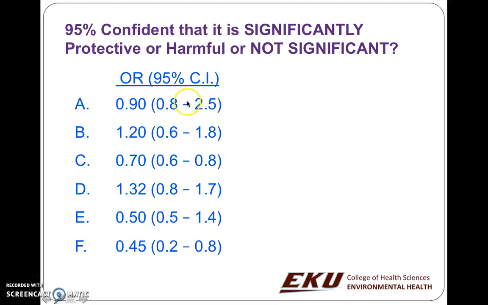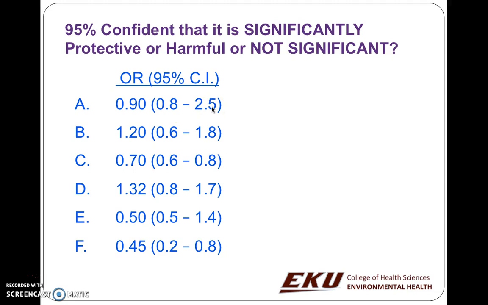0.9 fits in the range of its confidence interval like it's supposed to. It should always, unless there's a mistake. So we're looking to determine statistical significance based off of these numbers here. And 1 is included. This 0.8 suggests protective. 0.25 suggests harmful. We have numbers on both sides of 1.